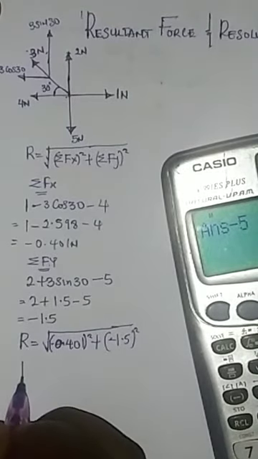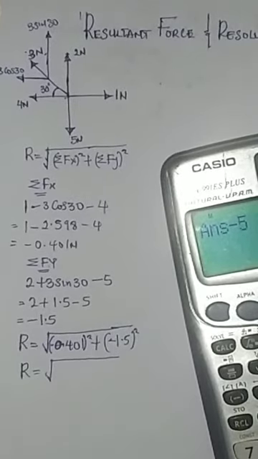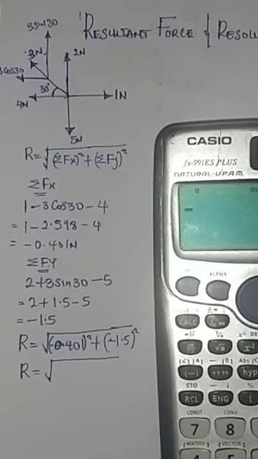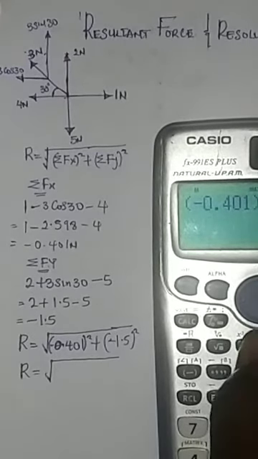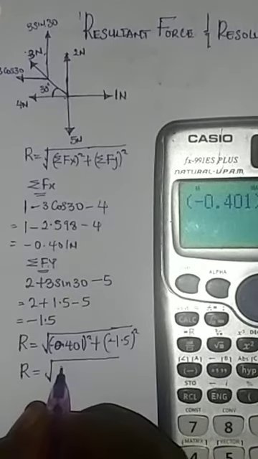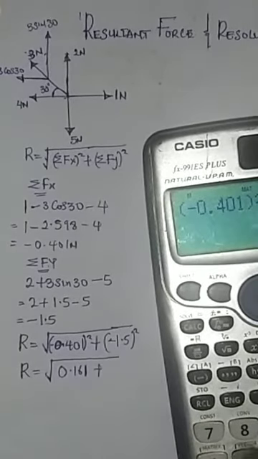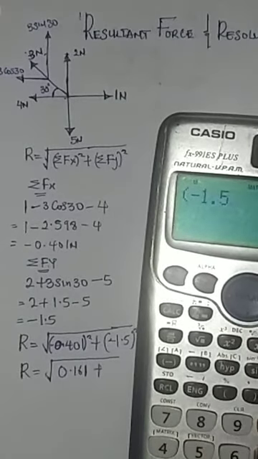So my resultant force would now give me the square root of, I'm going to do that. So I'll have, open the bracket, minus 0.401, close it, all square, we have 0.161, plus minus 1.5 all square, 2.25.